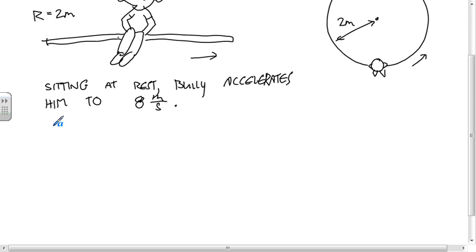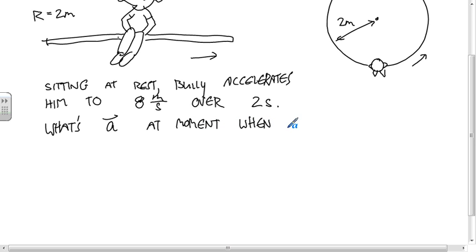Let's say that happens over a time interval of 2 seconds. And the question is, what's the acceleration vector at the moment when the acceleration magnitude is greatest?